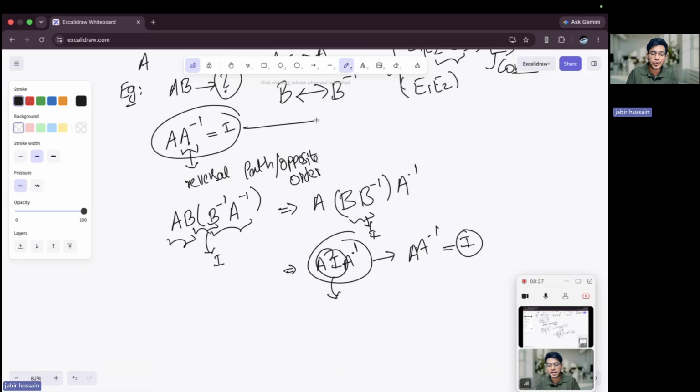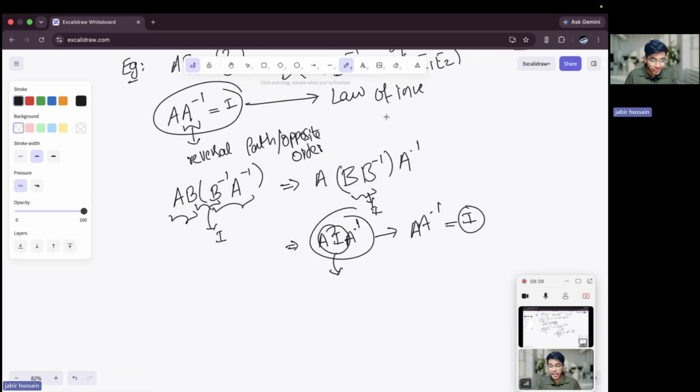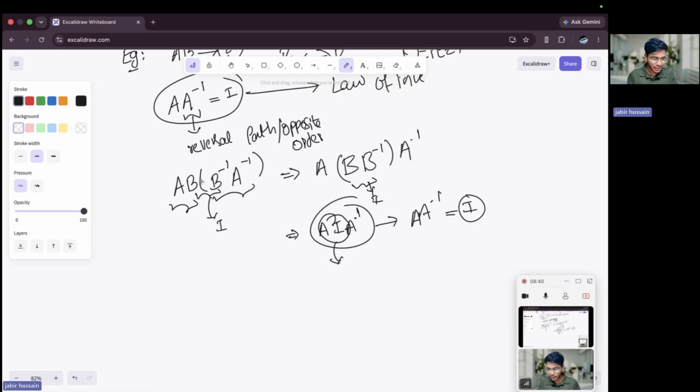I know this is the rule, the law of inverses, that if you take the inverse of a particular matrix and multiply it, you will get the identity matrix. If I'm assuming that this particular thing is the inverse, then it should give me the identity matrix. And from my steps, I have shown that B inverse and A inverse is giving the identity matrix.